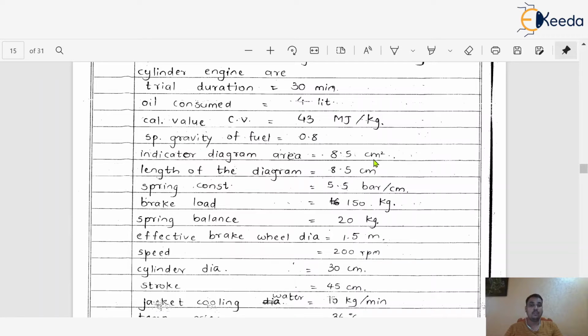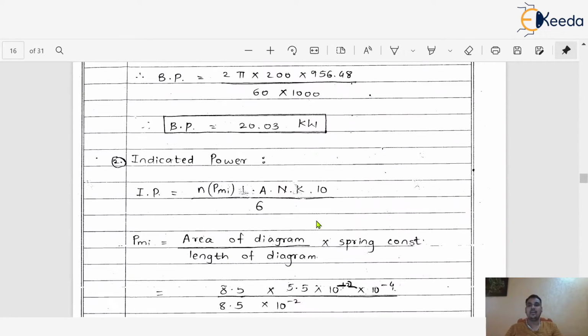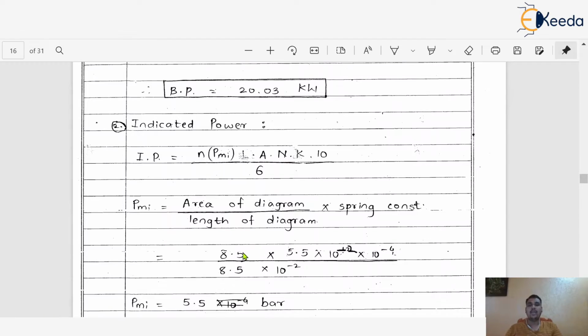Dear friends, please remember these units, and unit conversion is a very important task to solve this kind of problem. So we can write the given values: area of the diagram 8.5, length of the diagram 8.5, and the spring constant 5.5.